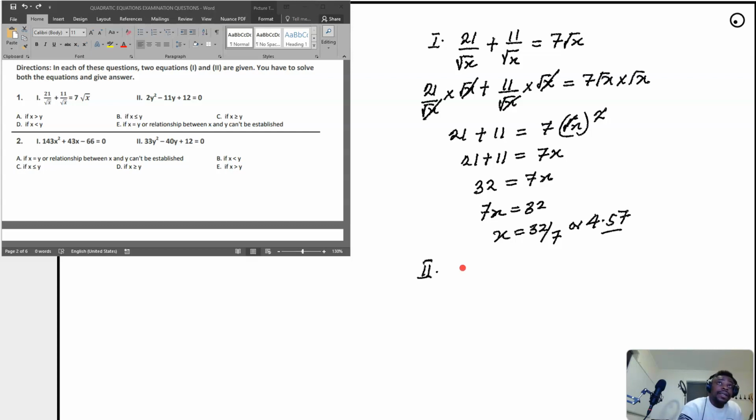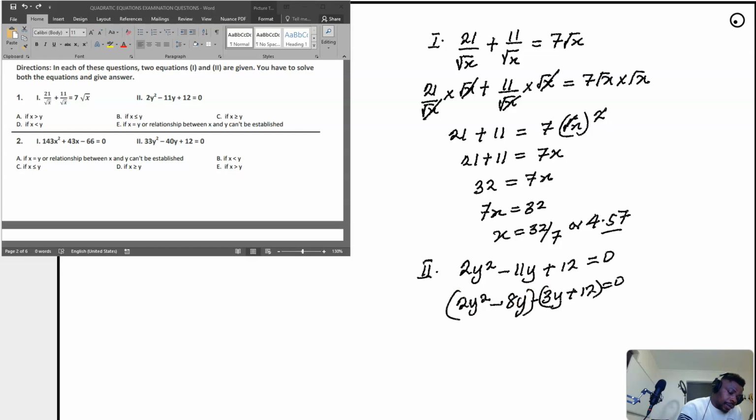The second one says 2y squared minus 11y plus 12 is equal to 0. Okay, let's factorize this one. So this is 2y, this is y minus 4. 3 is common here, y minus 4 is equal to 0.